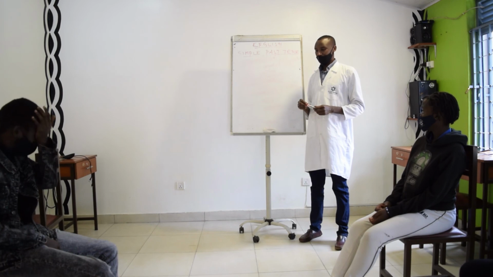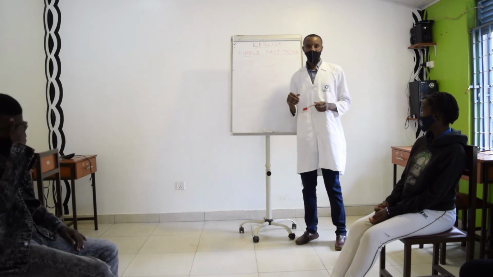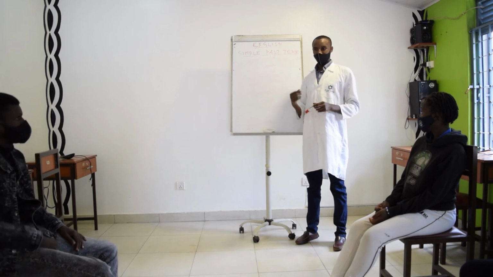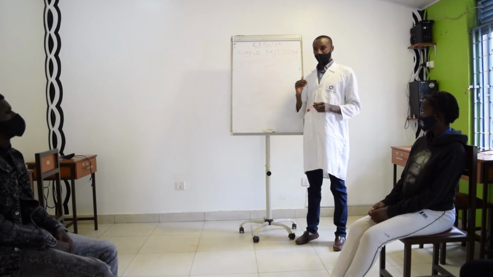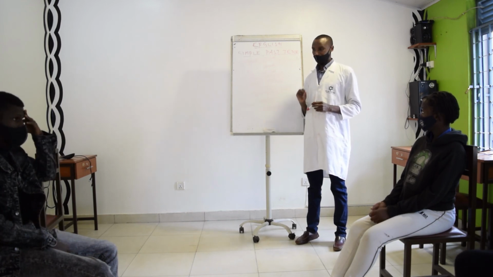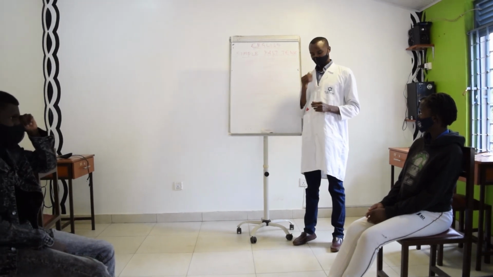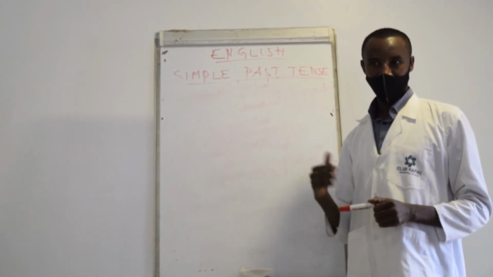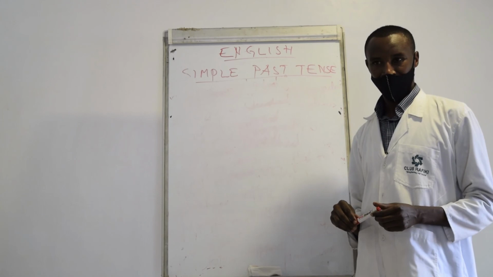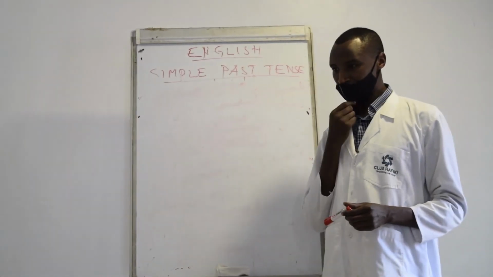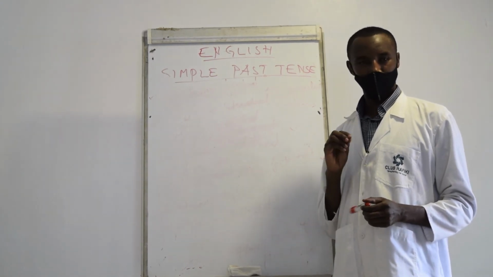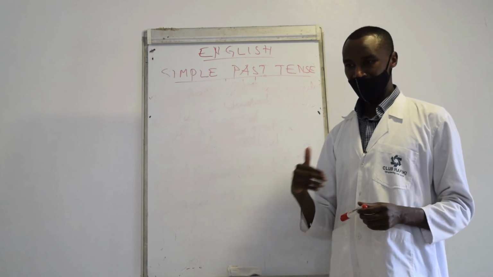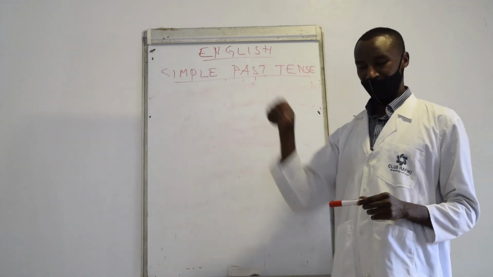We have also seen that if a verb ends by Y, we change that Y into I plus ED. Secondly, we have seen that if a verb ends by consonant, vowel, consonant, we double that last consonant before adding ED. For example, verb to plan, we have planned, verb to travel, traveled, and so forth. Lastly, we have said that verbs to say and to pay become said and paid, even if they end by Y, they are irregular verbs.